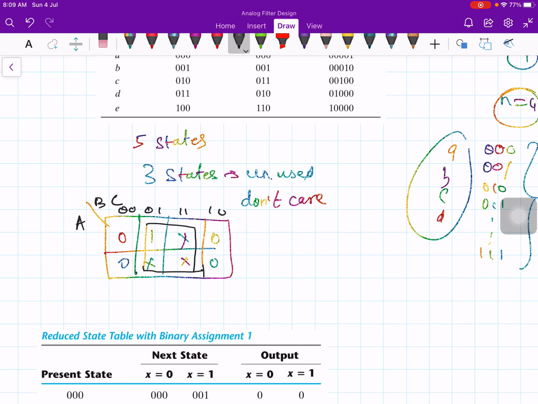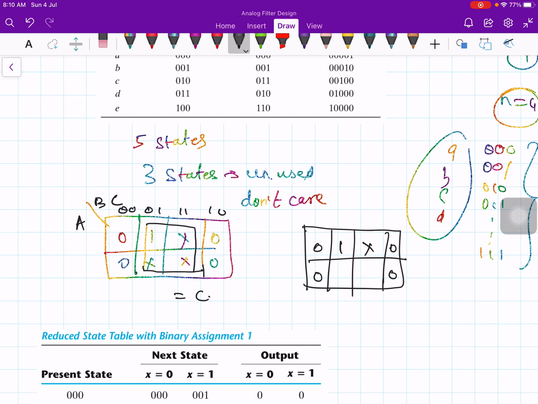So the expression is C, right? In case we take the same thing, this is 0 as it is, this also 0, this is 1 and this is x, and this is 0 and this is x. What is going to happen now? You can't get a quad, you will get a pair. You will get this pair.